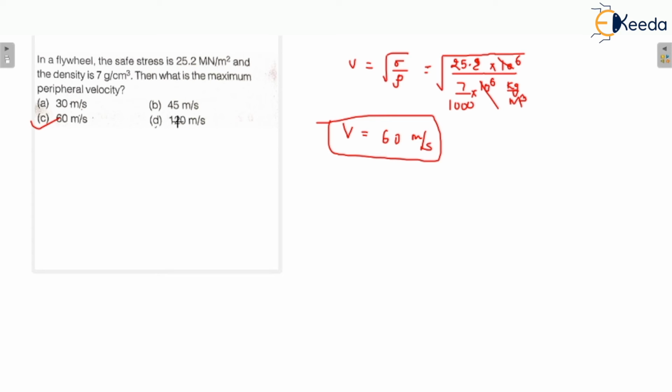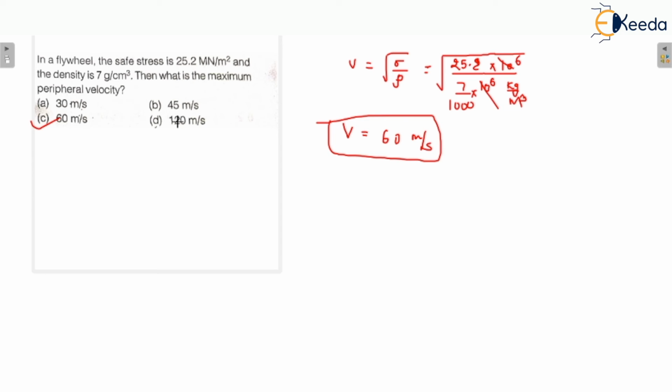When you solve the questions and you get the final answer, before putting the final answer in the options or the comment, just read the question again, in what unit it is asking the value that you are going to put in.